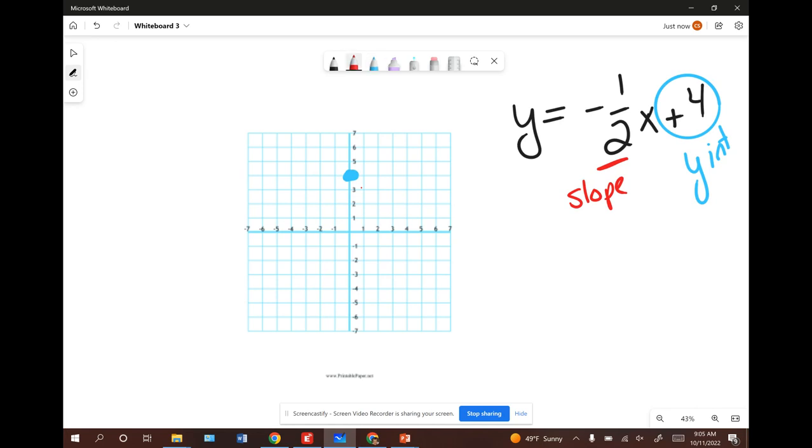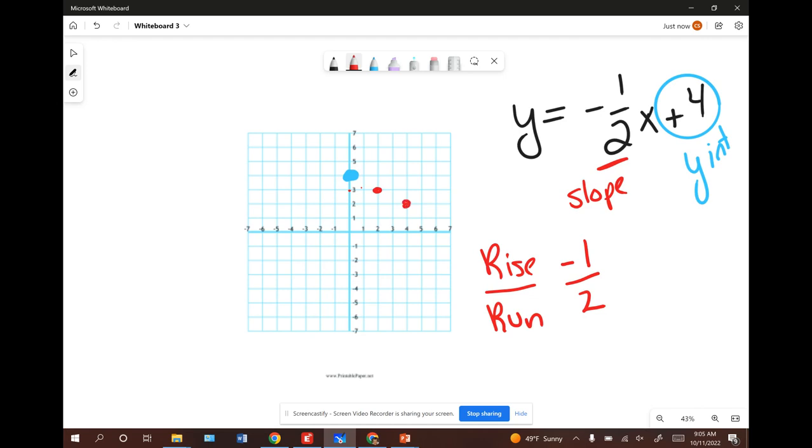And from there, I'm going to use the pattern of the slope, which is rise over run. In this case, it's -1/2. I always put the negative sign with the top number. It just makes it easier because when I think of rising -1/2, instead of going up, I'm going to go down. So I'm going to go down 1, and I'm still going to the right 2.